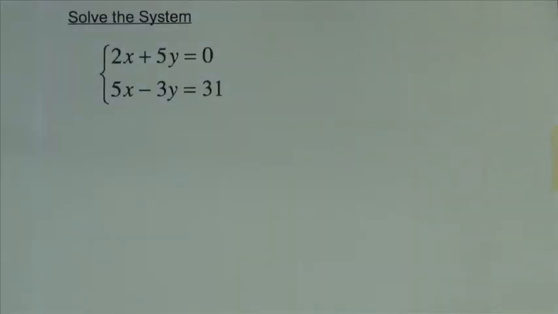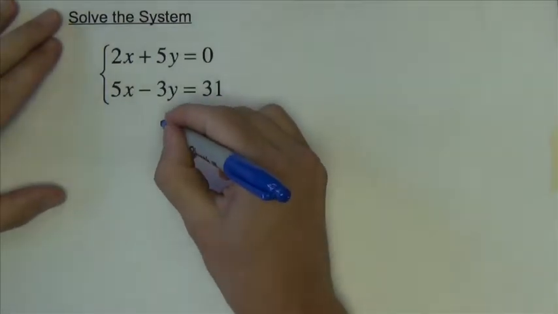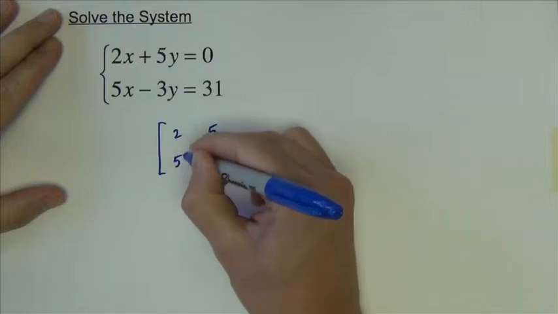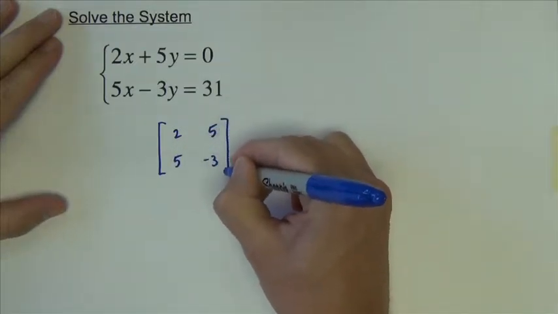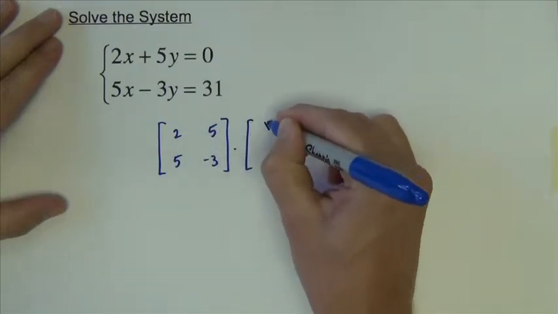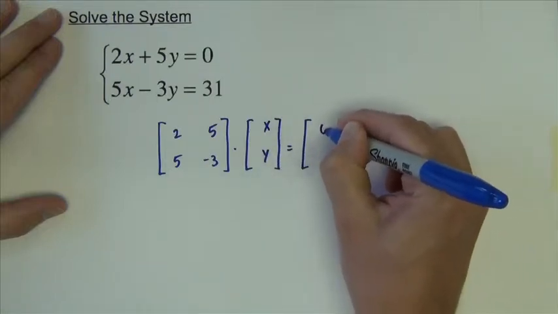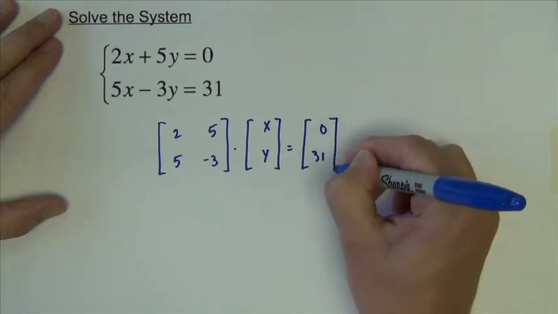All right, another example. I begin by writing the matrix equation. The matrix equation is 2, 5, 5, -3 times x, y equals 0, 31.